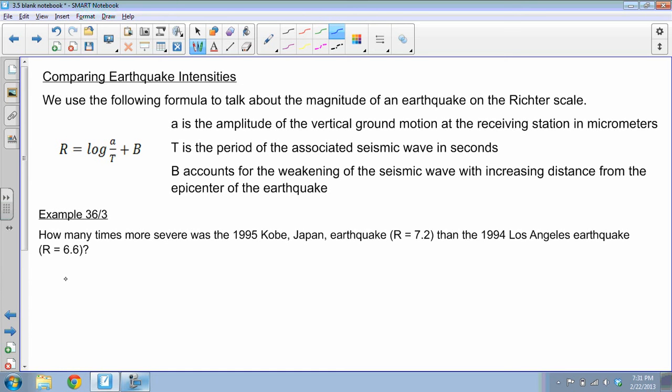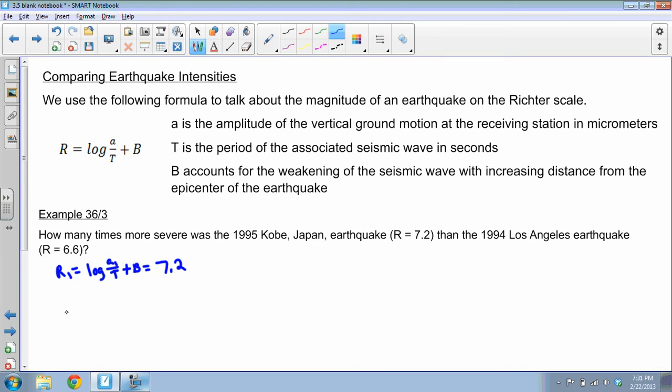Basically, if we label Japan as R1, we have this formula, A1 over T plus some B, and we're saying that is equal to 7.2.